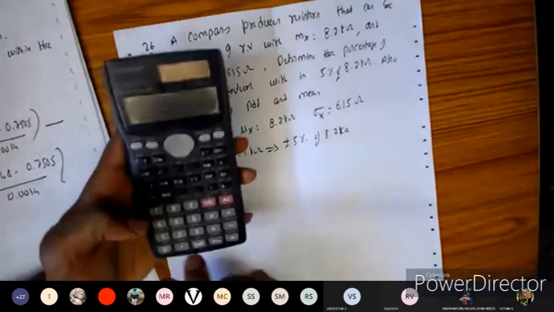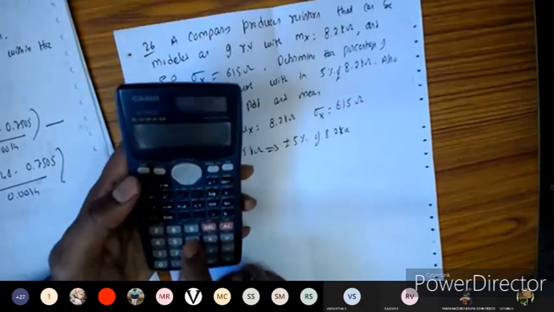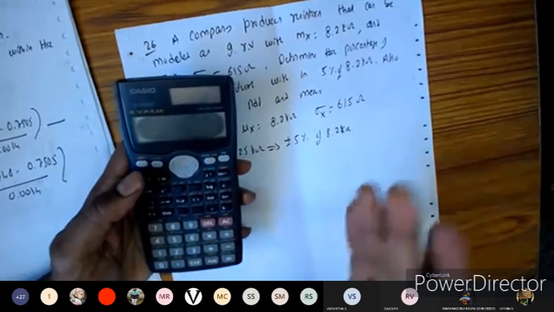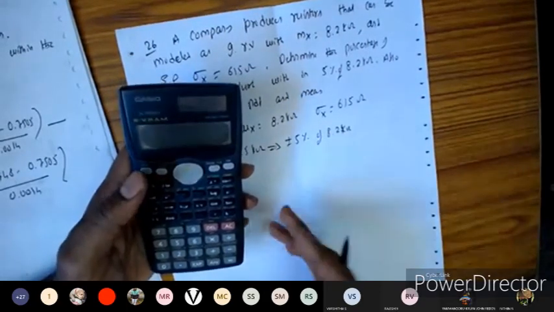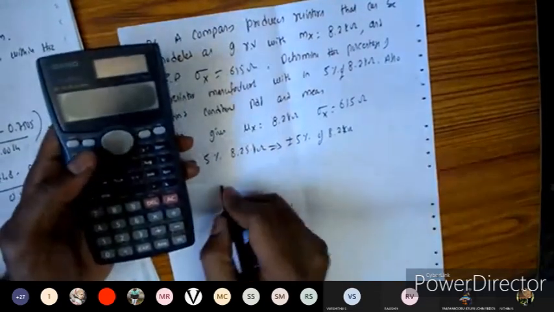So 5% of 8.2 kilo ohm is 8.2 kilo into 0.05, since 5 by 100 is 0.05.